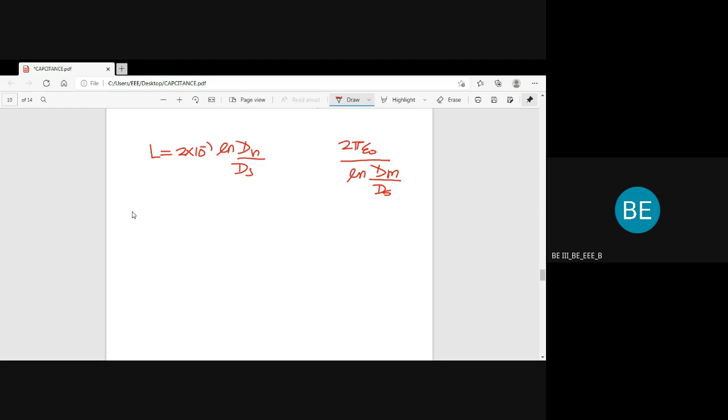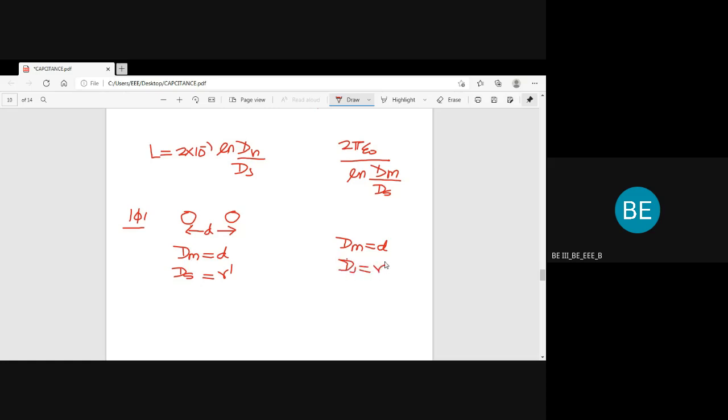For a single phase line, say we have two conductors with distance d. Dm will be equal to d and Ds will be r dash. In capacitance, Dm will be equal to d, Ds will be equal to r.